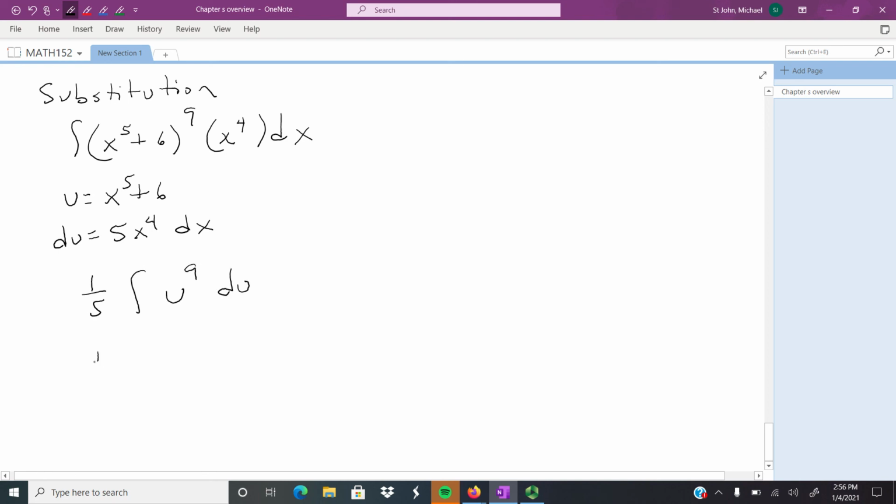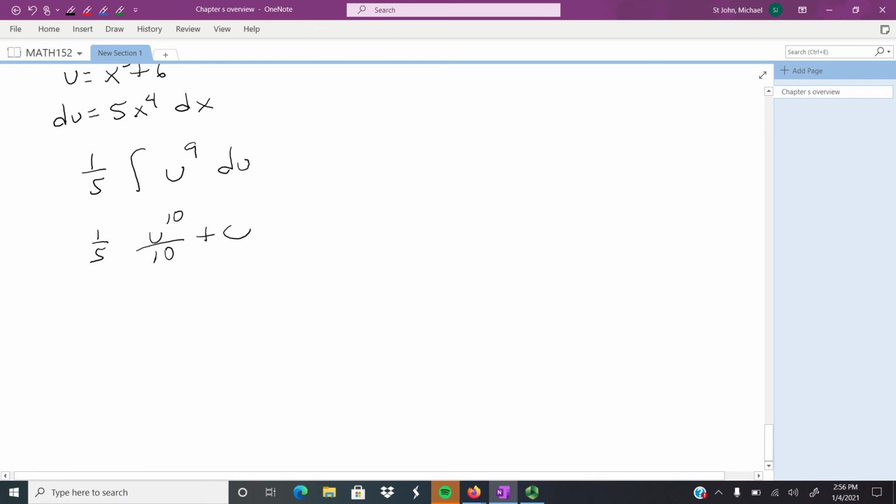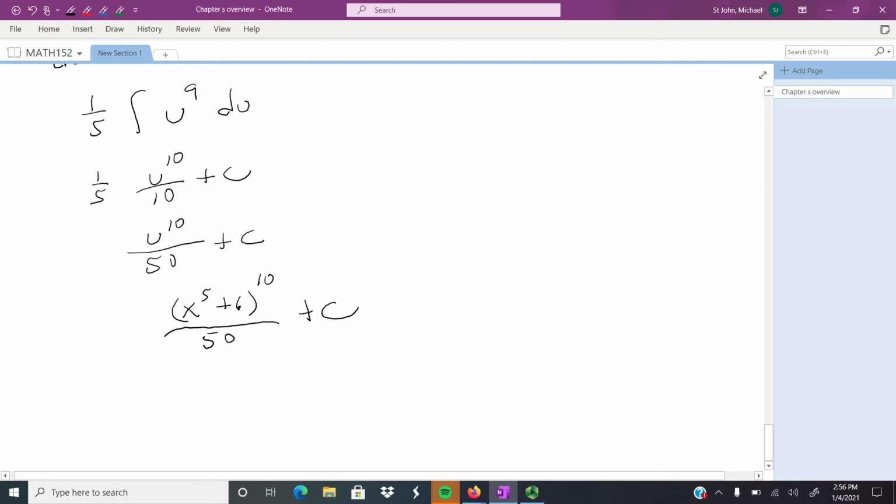So this is 1/5 u to the 10th over 10 plus c, which gives me u to the 10th over 50. Then we substitute back in: x to the 5th plus 6 to the 10th over 50 plus c. And we get it.